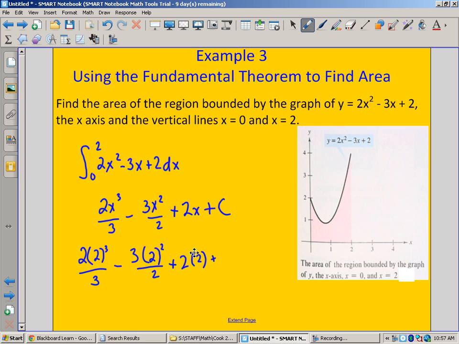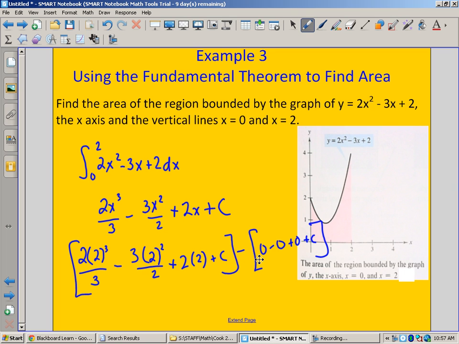Then all of that I need to subtract away, plugging in 0 for each one of these. So I get basically 0 minus 0 plus 0 plus c. But look what happens. The negative sign goes to that c, and the c values cancel out.